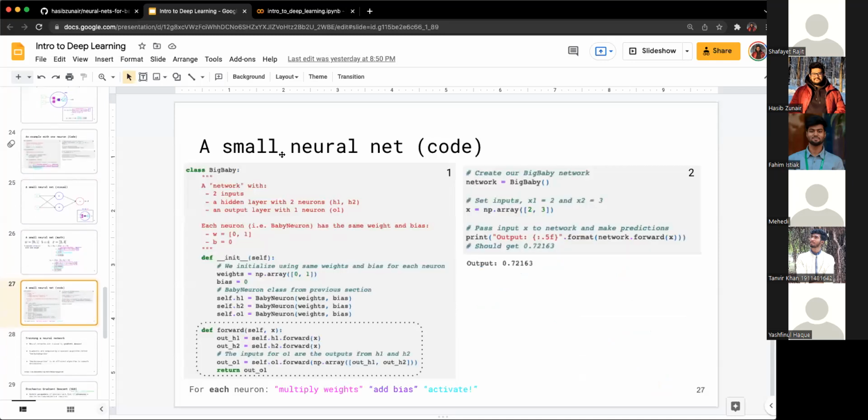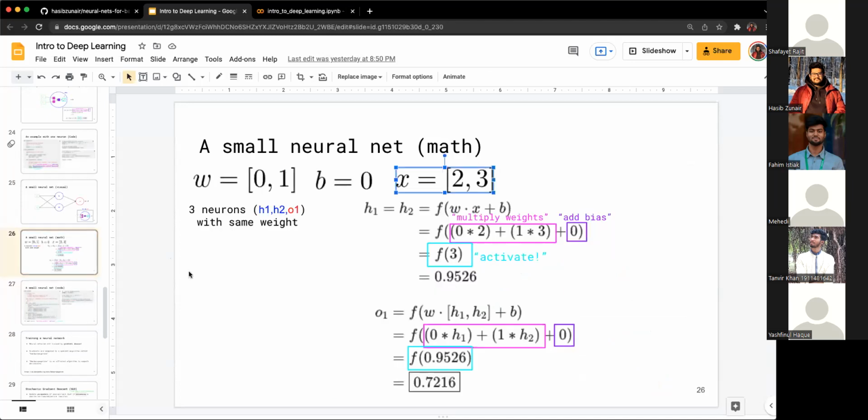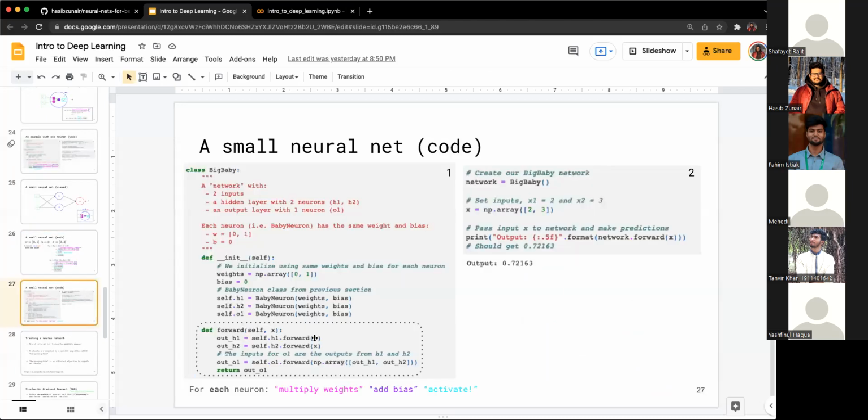Here's also the Pythonic version of it, where you can focus on this part over here. X is basically our input, which in this case is 2 and 3. It is passed through H1 to get an output. It is passed through H2 to get an output.